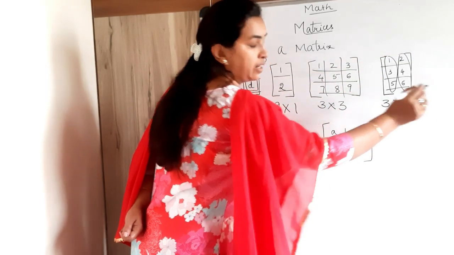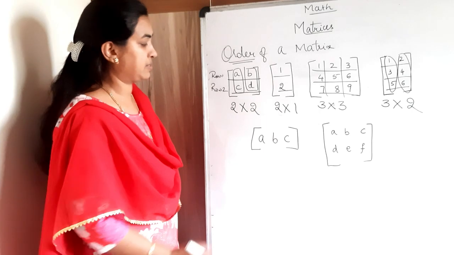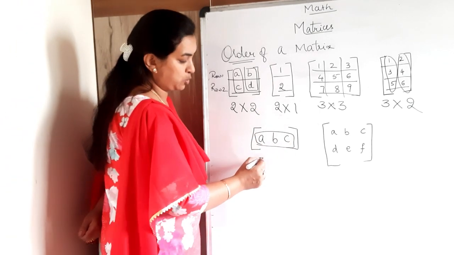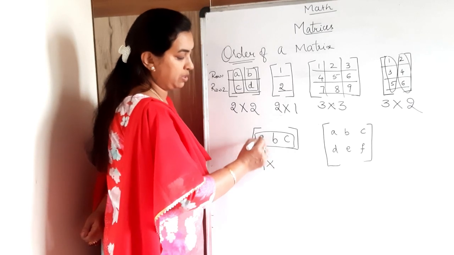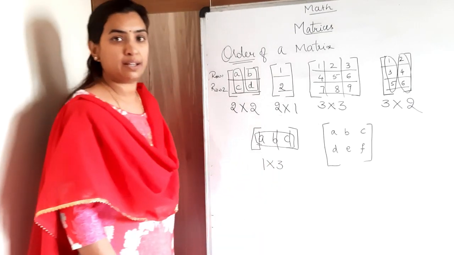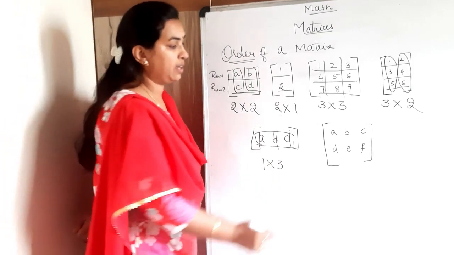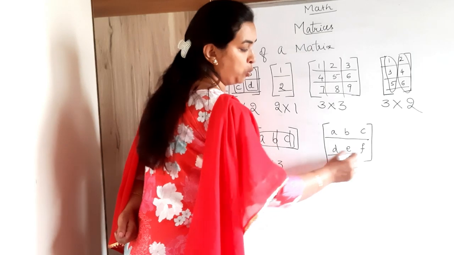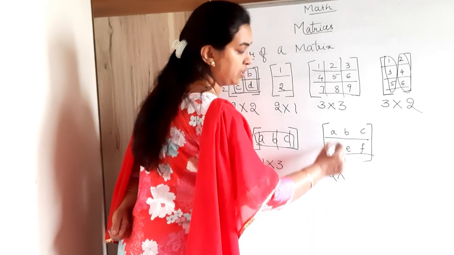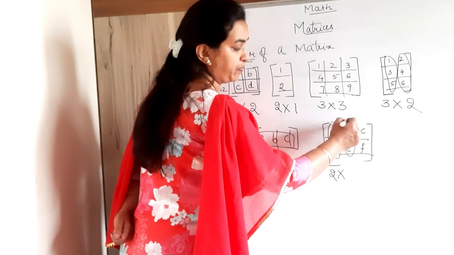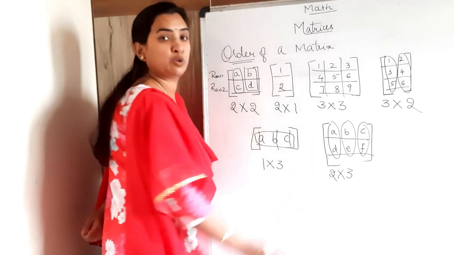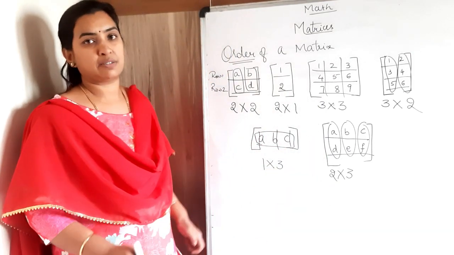So this is a 3 cross 2 matrix. Here there is only one row. So 1 into, there are 3 columns. So this is a 1 cross 3 matrix. Here there are 2 rows. Okay. So 2 cross, and 3 columns. So this is a 2 cross 3 matrix.